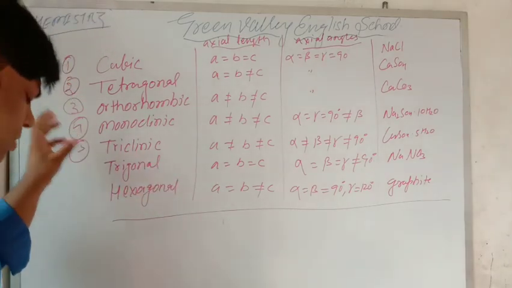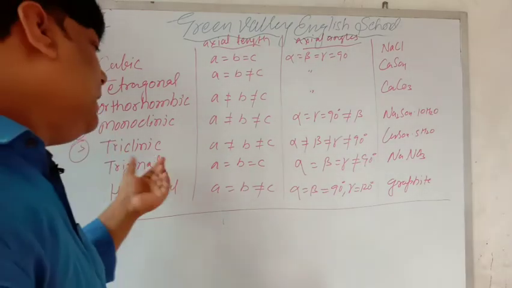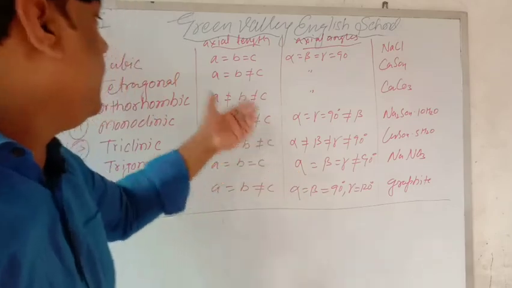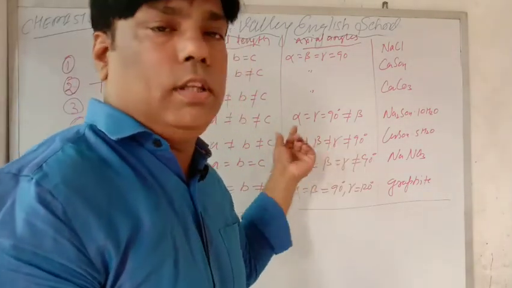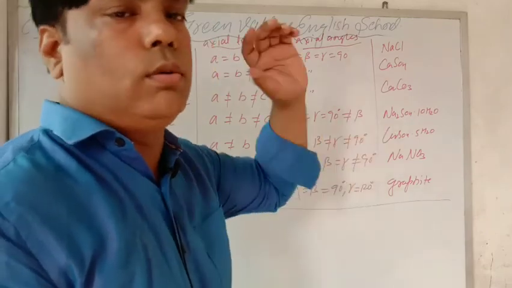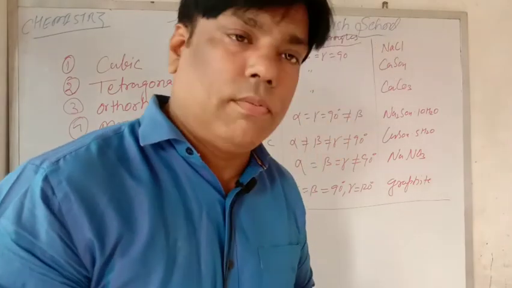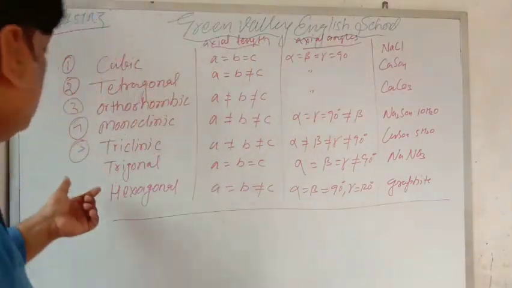In triclinic, the 3 axial lengths A, B, C are not equal, and all 3 angles alpha, beta, gamma are not equal to 90 degrees. For example, copper sulfate pentahydrate, CuSO4.5H2O.